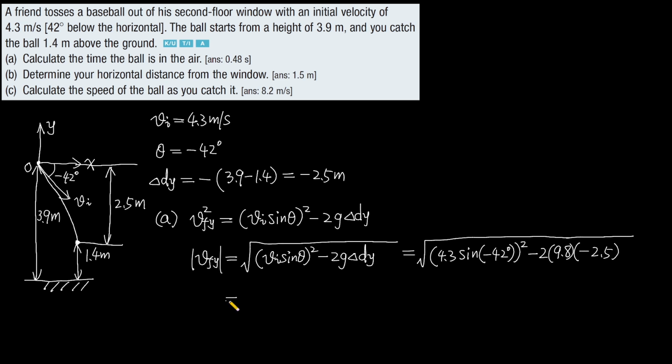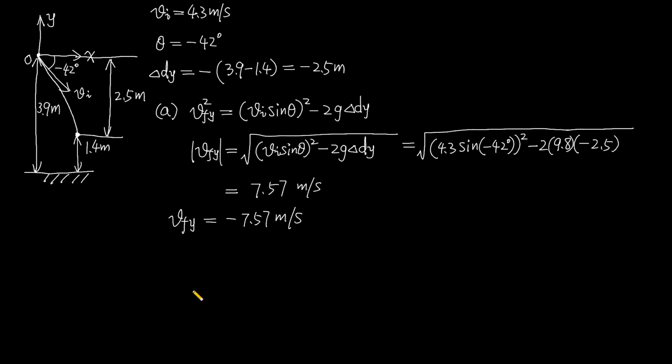Then this equals 7.57 meters per second. So the final vertical velocity equals negative 7.57 meters per second. It's negative because its direction is down. Then we know this formula.